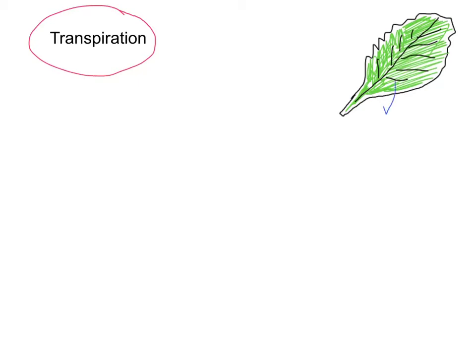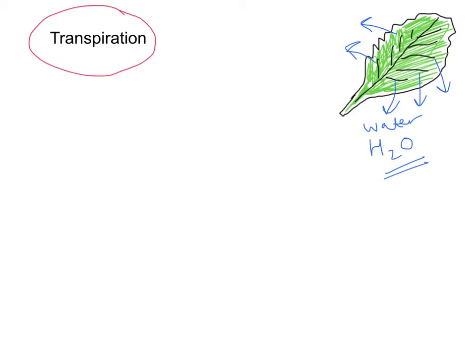So we're going to basically have water, which is H2O, coming out of the leaf. That's what transpiration is. It's the diffusion and subsequent evaporation from within the leaf of water. Water vapor diffuses through those stomata.